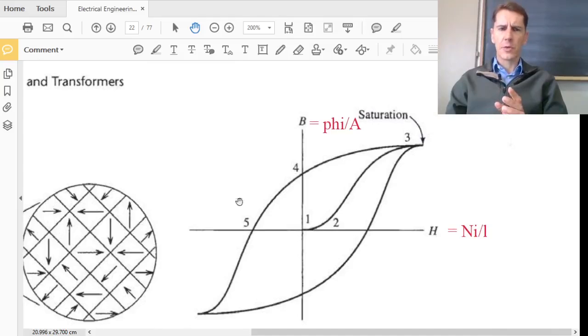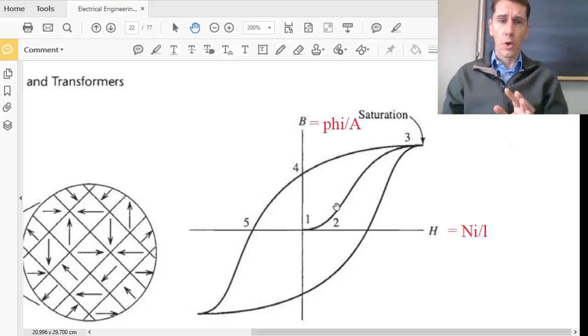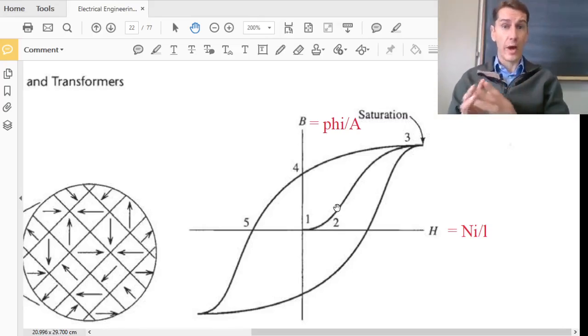And as we increase it, more and more of these domains start pointing in the same direction. But you'll notice it's not a straight line. Up till now, when we said that B equals mu H, we assumed that mu, that permeability, is constant. It's a linear equation. But your BH curve actually does not have a linear curve. Again, the crowd of people example: if you say softly, everybody look to the left, then a few will look there.